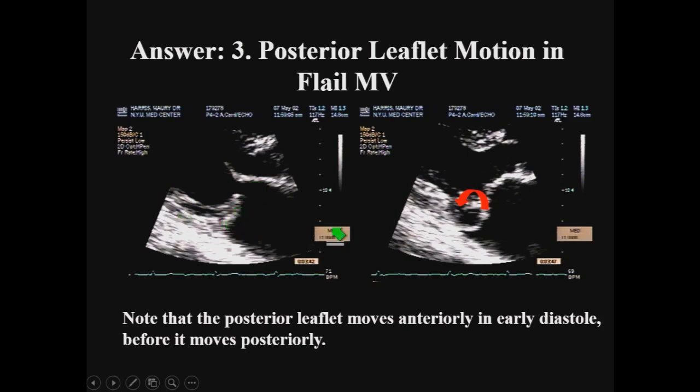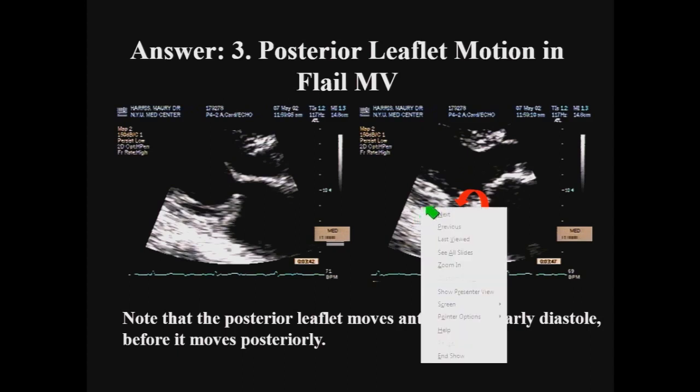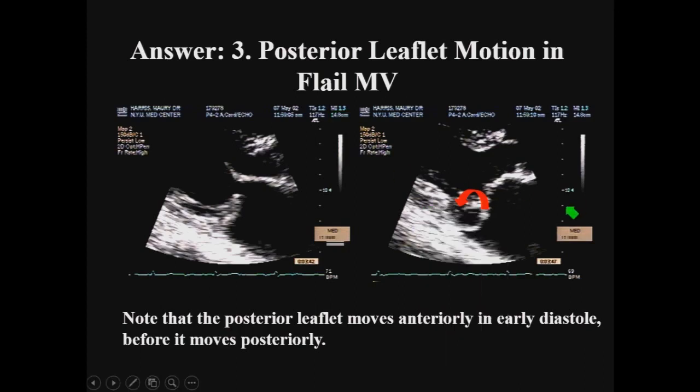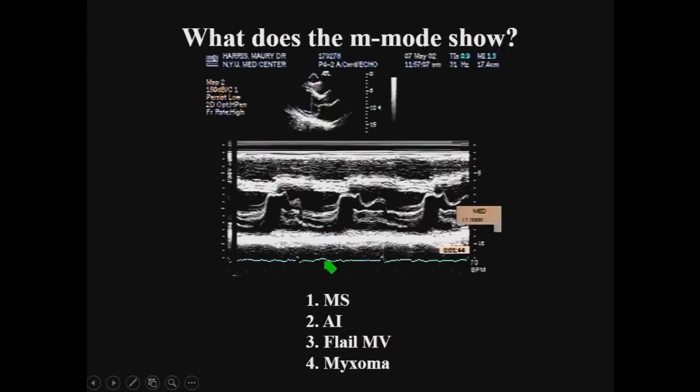Because you can see that when you have a flail leaflet, the posterior leaflet starts its motion anteriorly, and only when it reaches anteriorly it moves backward, and therefore, if we go to the one before, right, if we go to this, you can see this is the anterior mitral leaflet, and this is the posterior mitral leaflet that first has anterior motion and then moves backward toward the closed position.